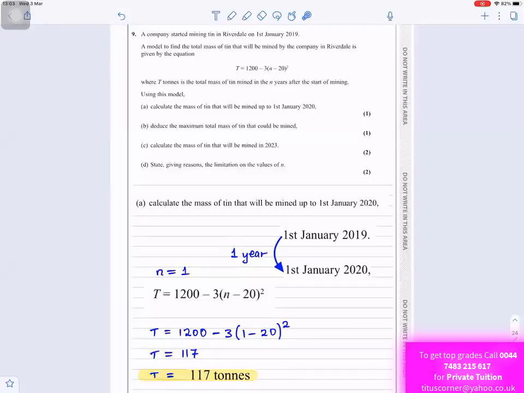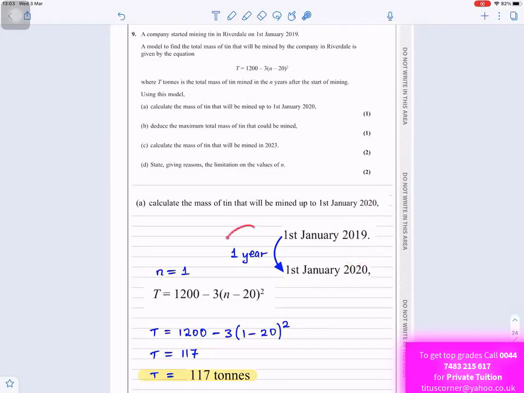Question number 9. A company started mining tin in Riverdale on 1st January 2019. Part A: calculate the mass of tin that will be mined up to 1st January 2020. To calculate that, you start from 1st January 2019, up to New Year's Day 2020.